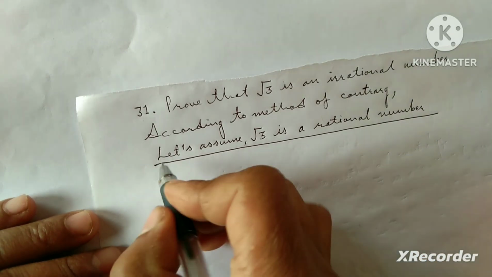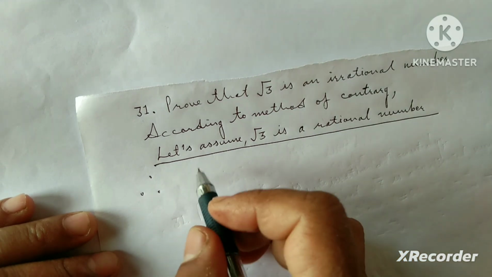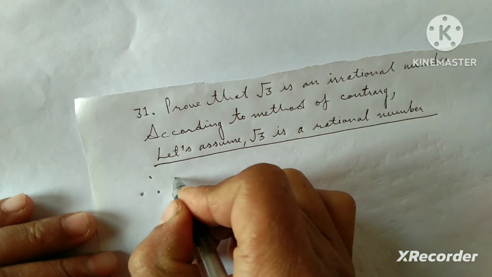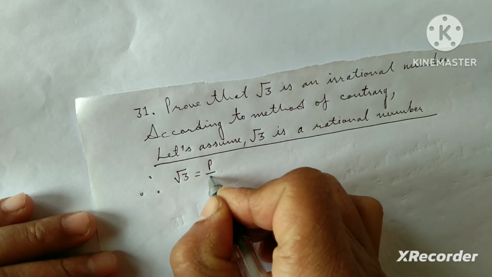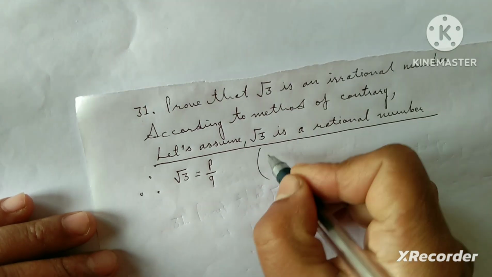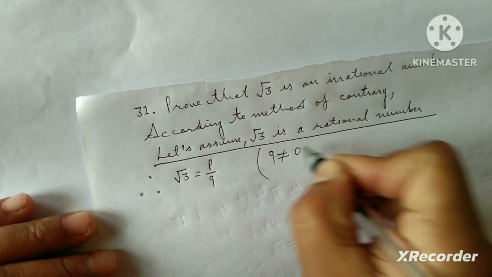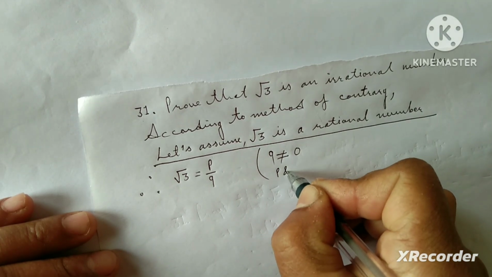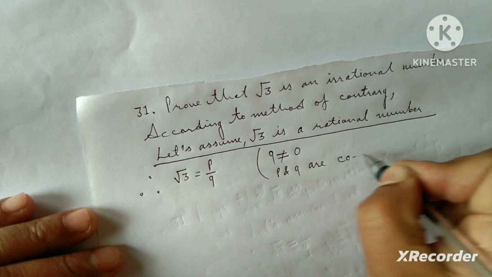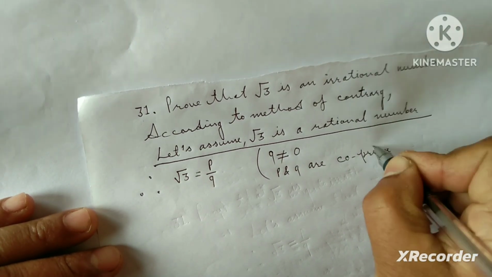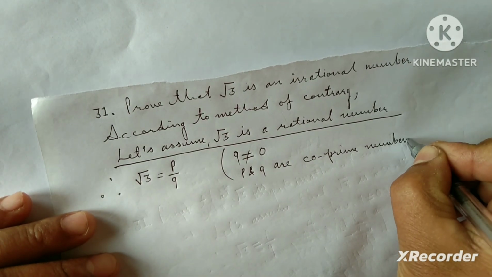So we can write this root 3 in the form of p by q, where q is not equal to 0 and p and q are co-prime numbers.